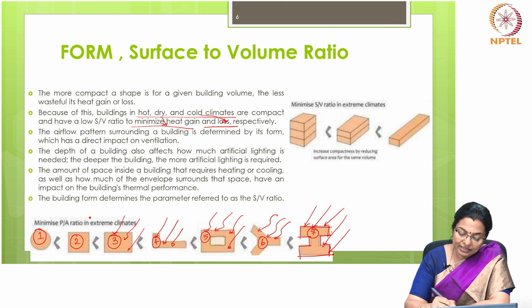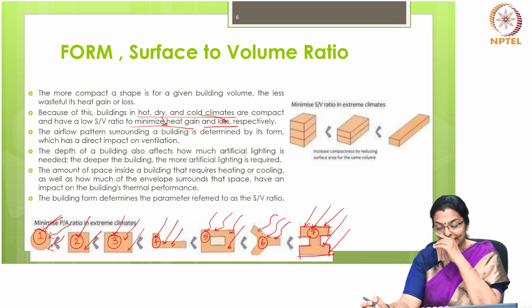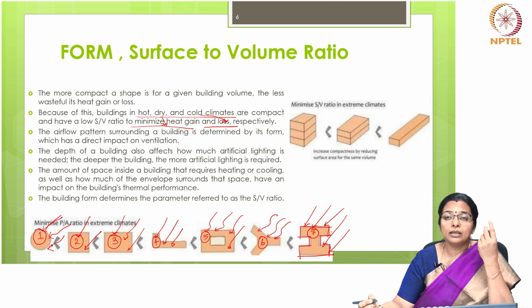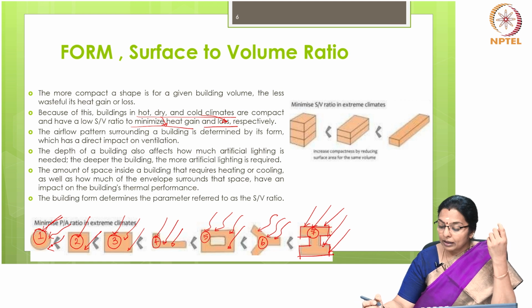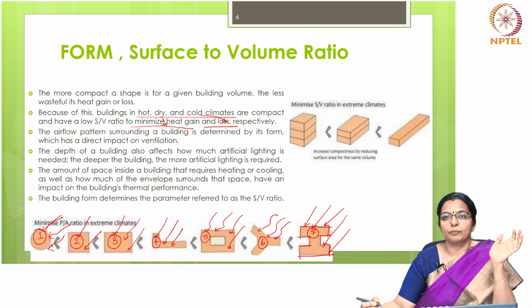But there is another aspect because of the form and the orientation: the self-shading aspect when it comes to solar gain or solar heat loss, and formation of vortices, and the way the building is going to create pressure differences which can bring in airflow inside the building will vary. The depth of the building also affects how much artificial lighting is needed.